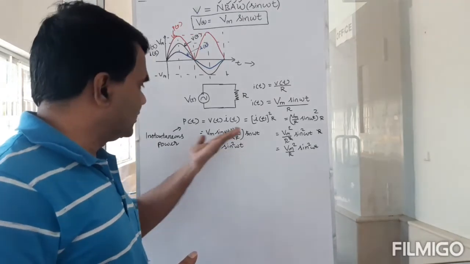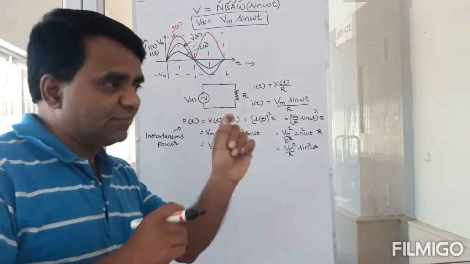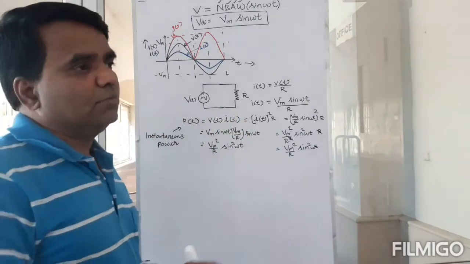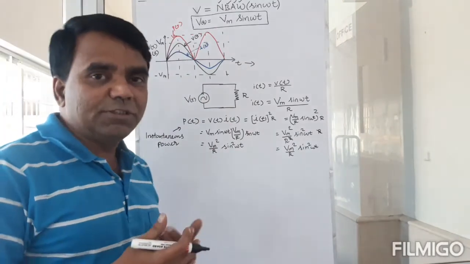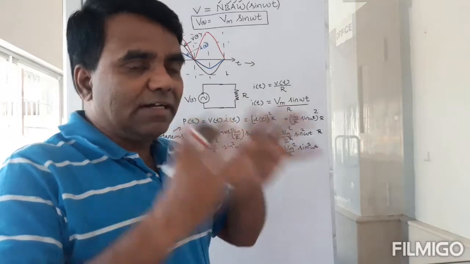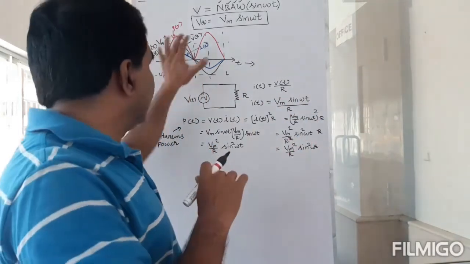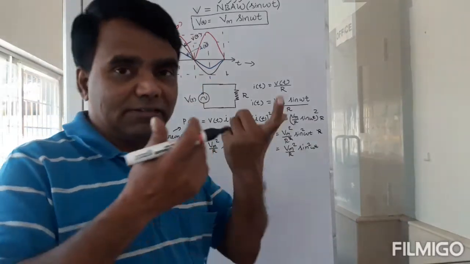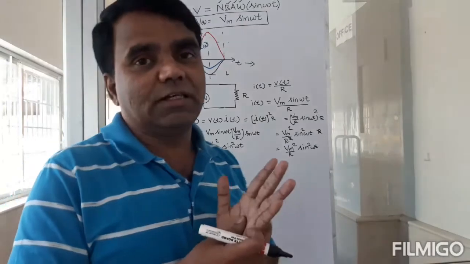I can just put in that number and find the value for that. But it's for that particular instant. But what's the average power? Because power is varying. So what's the average power? Then you have to use the idea that we introduced a short while ago. That is, you find the area of this and then divide it by the x-axis value, then you get the average y-axis value.